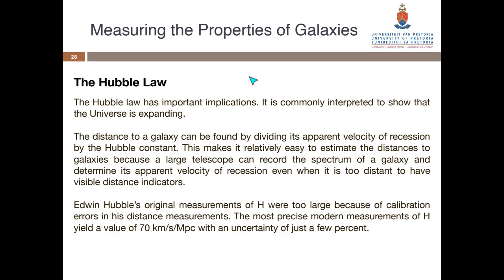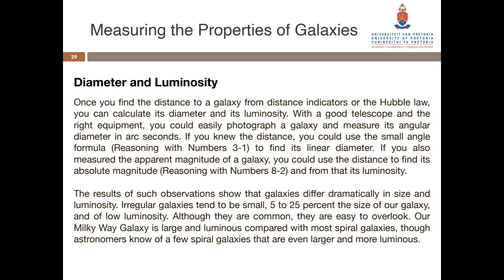Edwin Hubble's original measurement of H was too large because of calibration errors in his distance measurements. The most precise modern measurements of the Hubble constant yield a value of 70 kilometers per second per megaparsec, with an uncertainty of only a few percent.